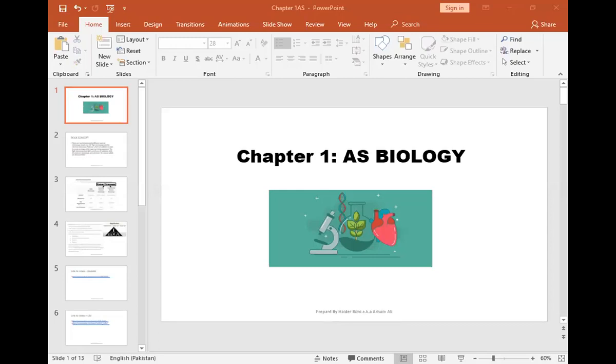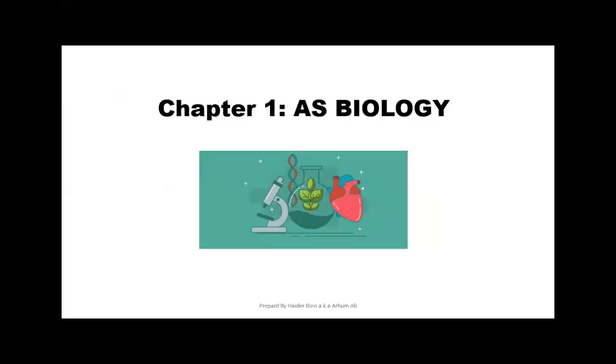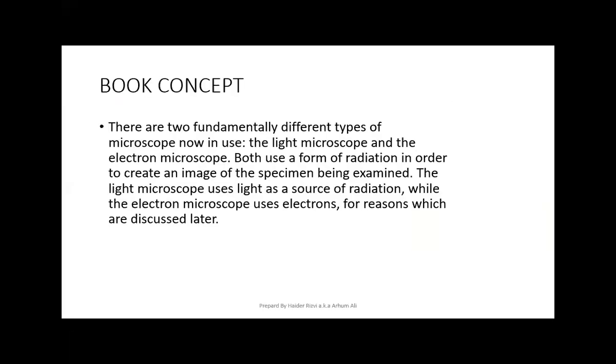The basic concept from the book is that there are two fundamentally different types of microscopes nowadays: light microscopes and electron microscopes, both using a form of radiation to create an image. The light microscope uses light as the source of radiation, while the electron microscope uses electrons.